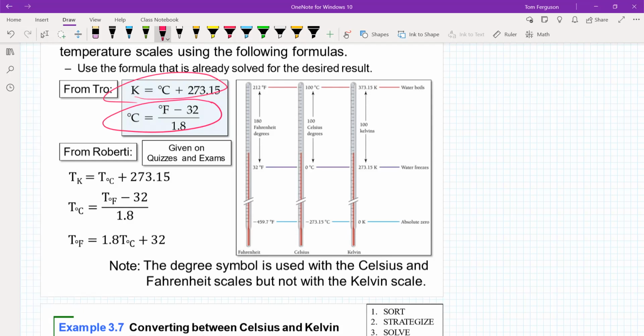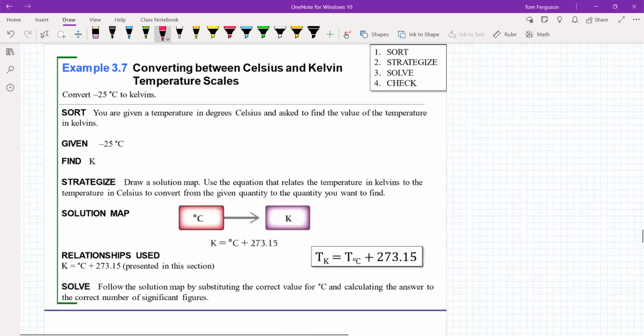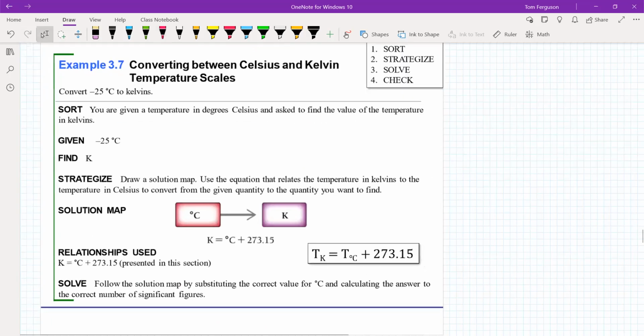You automatically get Kelvin. And then if you're given Kelvin and you want to convert to centigrade, then you subtract. So that's the easiest one.